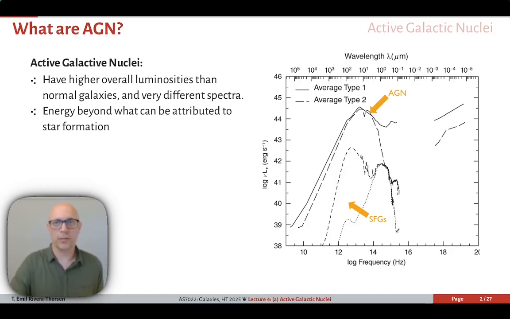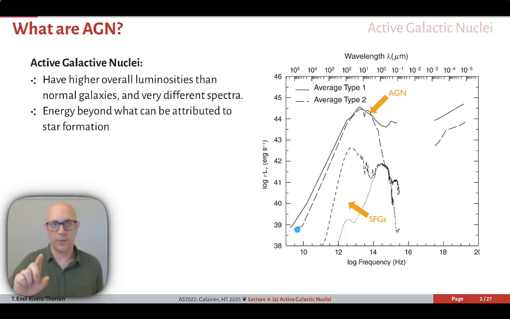If we take a look at the plot over here on the right, we can see for comparison a star formation galaxy spectrum, and we can see the spectra of a type 1 and a type 2 AGN for comparison.